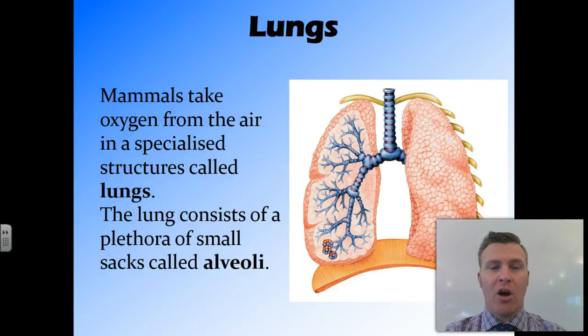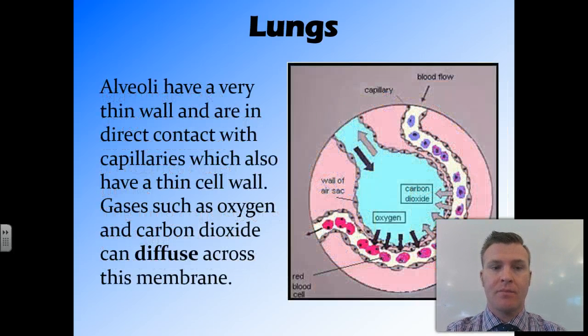The first example of a gaseous exchange mechanism, which we'll look at, is the lungs. The lungs are found in mammals and consist of a vast number of small air sacs called alveoli. The alveoli have a very thin cell wall. In fact, it's only 1 cell thick.